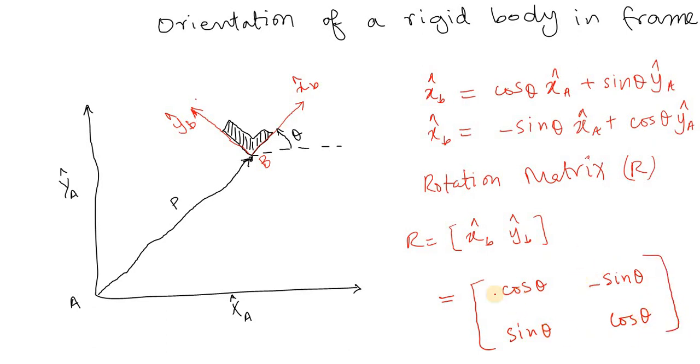So you get this rotation matrix out of these two equations from above. You just have to place the values of xb and yb. Sorry, here I made a mistake. It's y, it's not x.